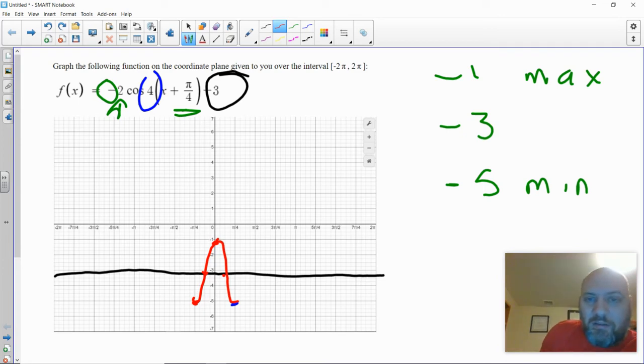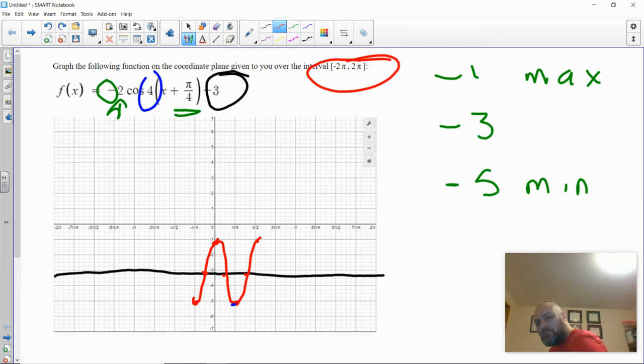I want to complete this over the interval of -2 pi to 2 pi, so I'm going to continue this pattern. At 3 pi/8, I'm at the midline, and at pi/2, my maximum. So now I have a positive cosine curve in there.